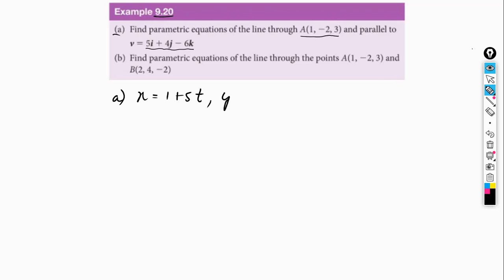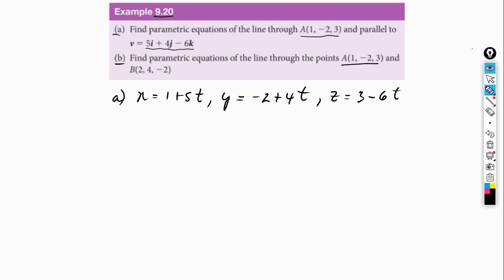Similarly, for y, we would get that y is equal to minus 2 plus 4t, and then z is equal to 3 minus 6t.